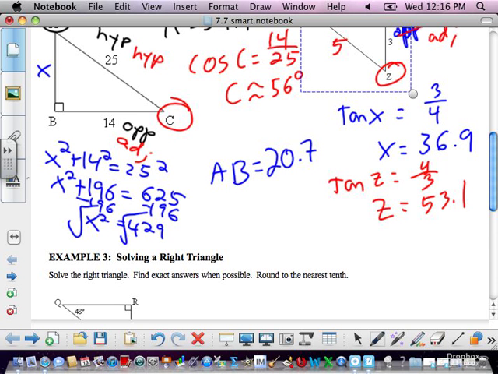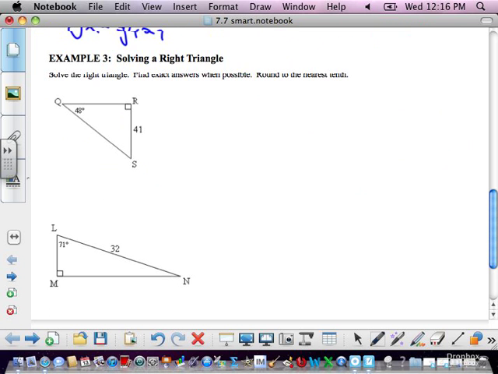Okay, we're going to look at the back. Okay, so we are going to find all the different pieces of this right triangle. We're going to solve everything for it.